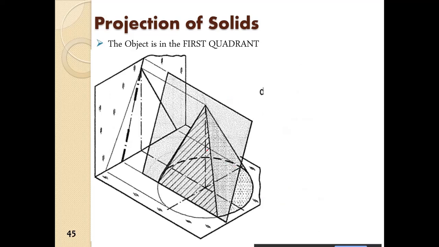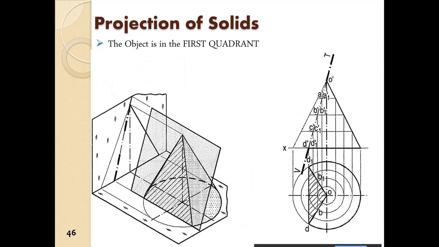The problem is when it is inclined. So we have this plane which is inclined to the HP in this case, and it is perpendicular to the VP. In that case, how do we obtain the view?